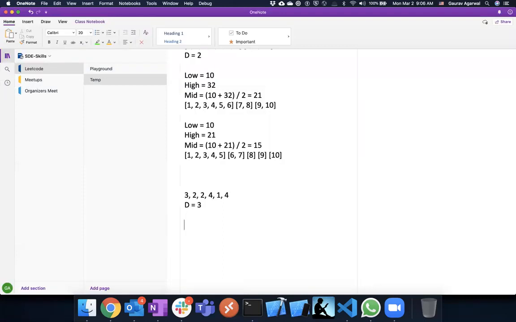What's the lower bound? It's 4. What's the upper bound? 3, 2, 1, 7, 9, 8, 15, 16. It's 16.